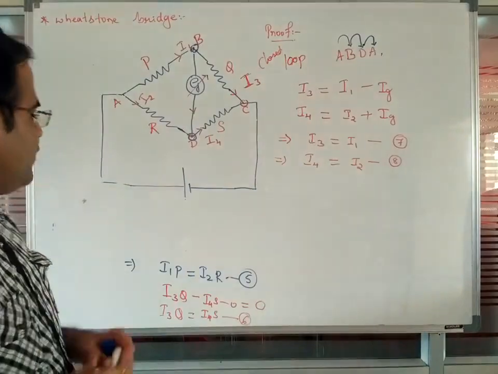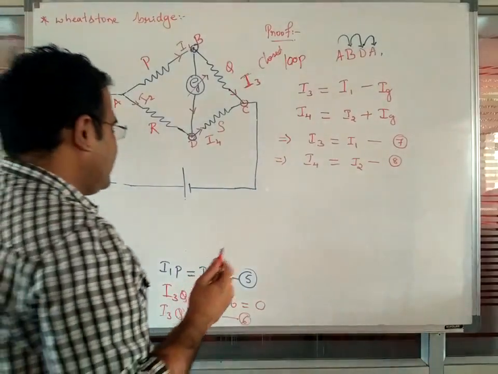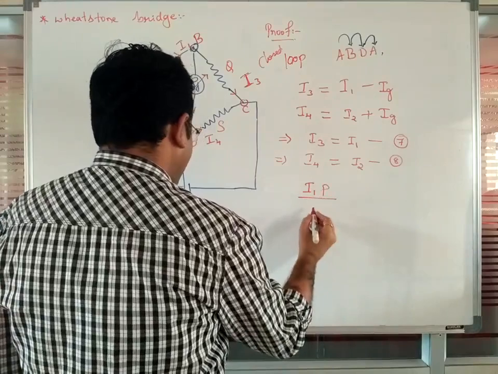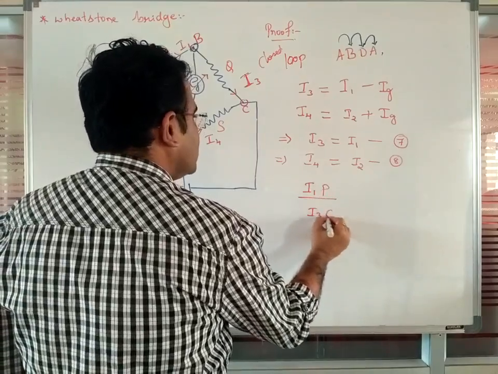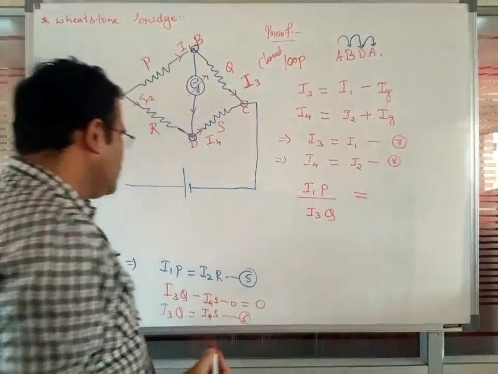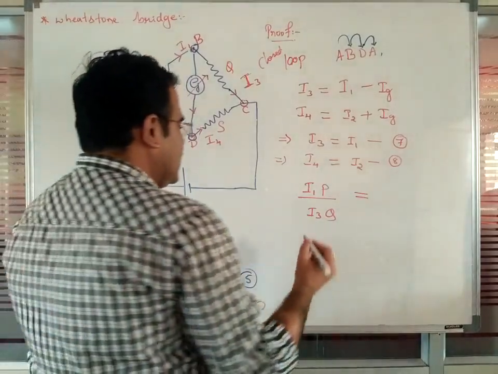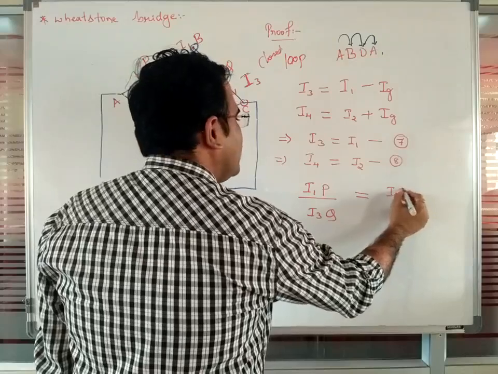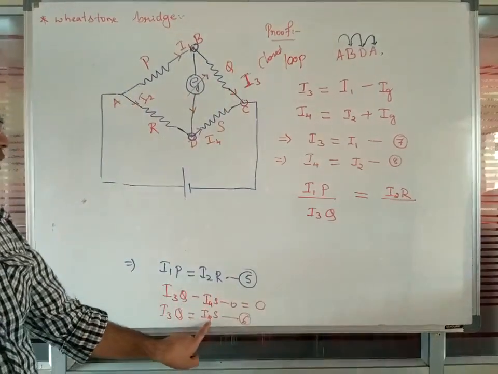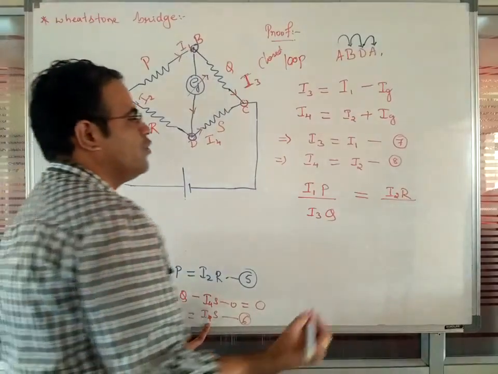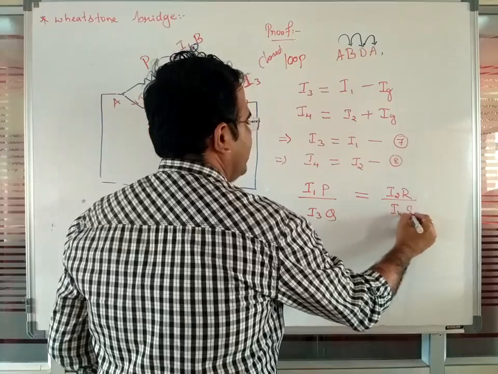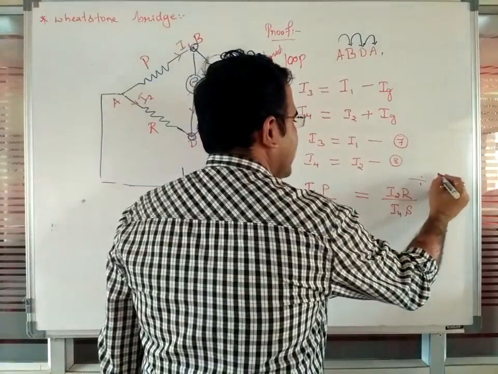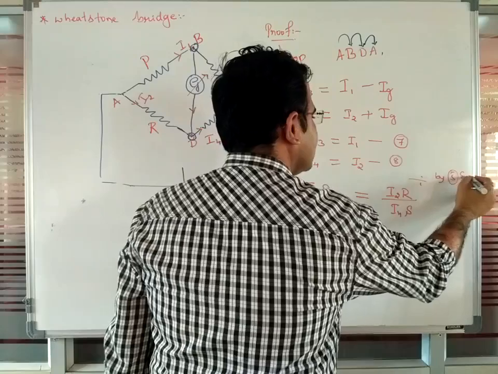When we compare, or rather divide these two equations, I1 into P divided by I3 into Q is equal to I2 into R divided by I4 into S. So we are dividing the fifth equation by the sixth equation.